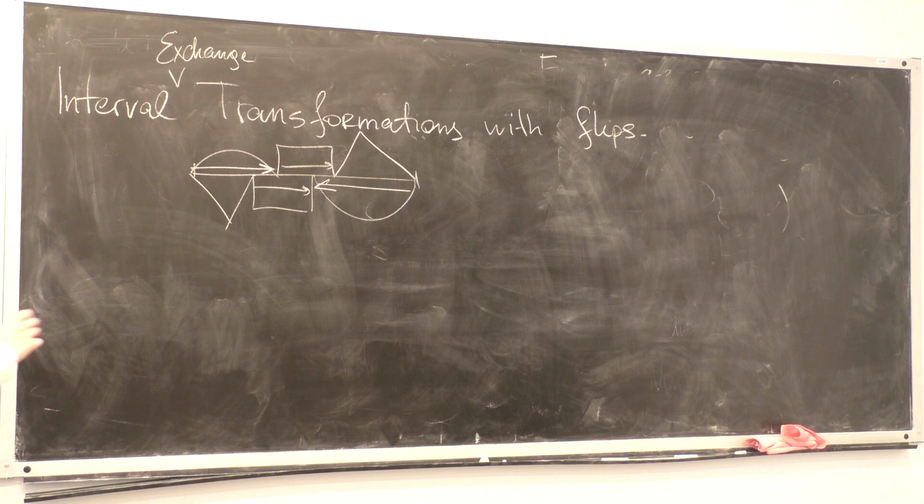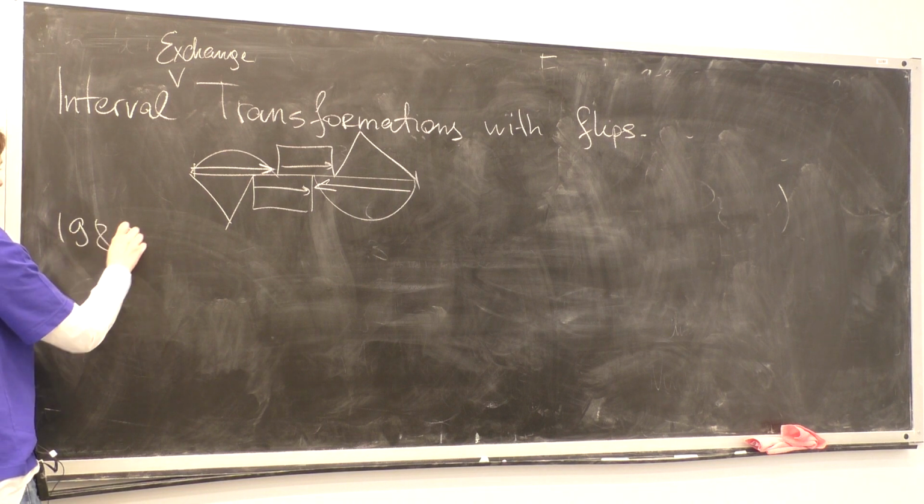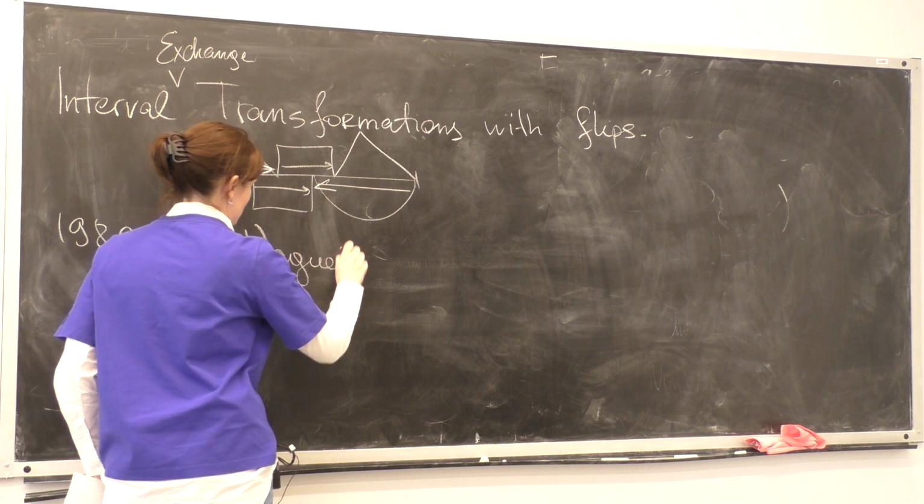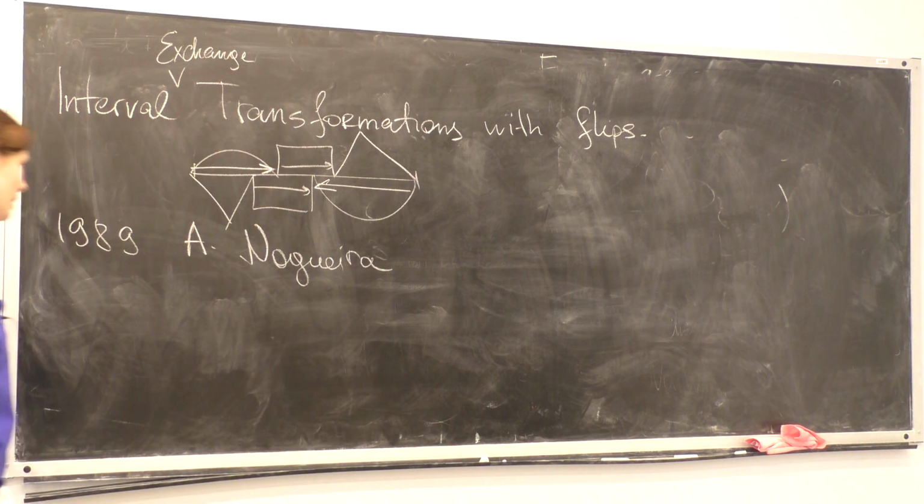It was introduced by Arnaldo Nogueira 30 years ago, and Arnaldo immediately understood that despite the fact that they look very similar to interval exchange transformations, these guys are much worse in their behavior. They like to have periodic points.